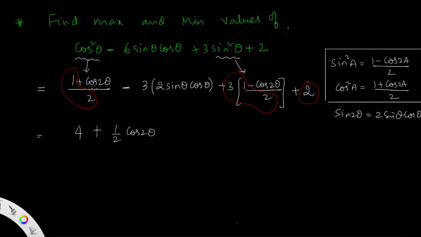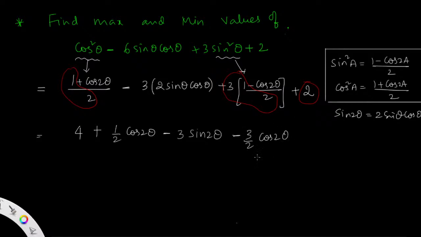Splitting, this term will have 1 by 2 cos 2 theta, minus this value, which is 3 sin 2 theta, minus 3 by 2 cos 2 theta.